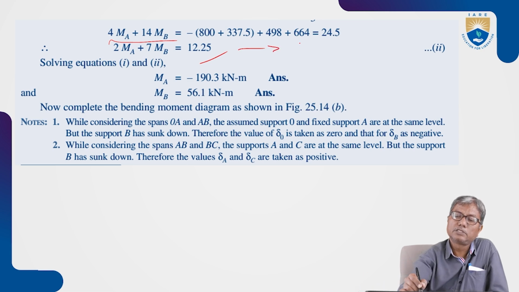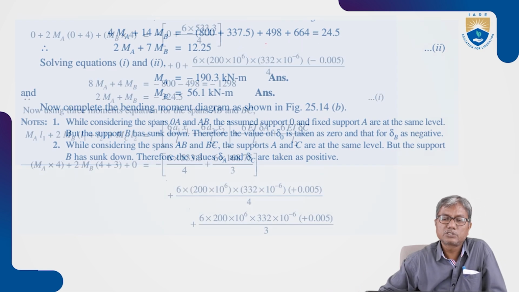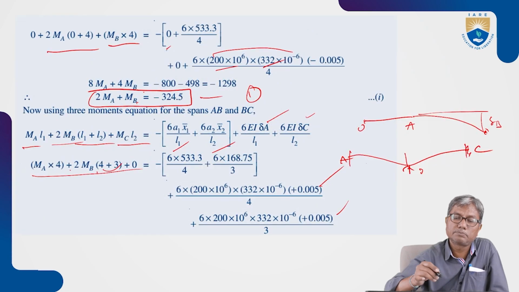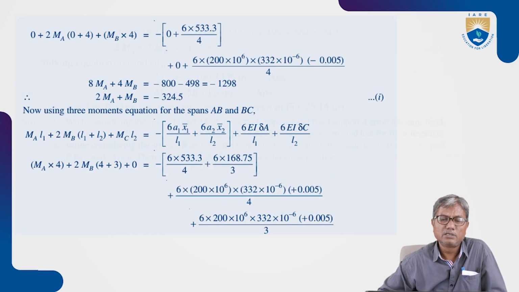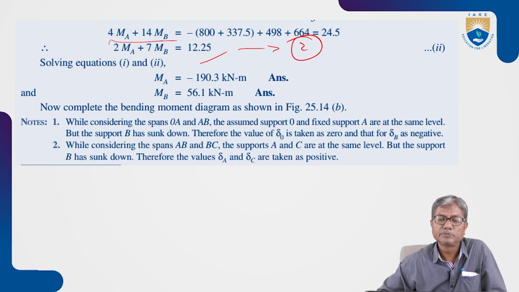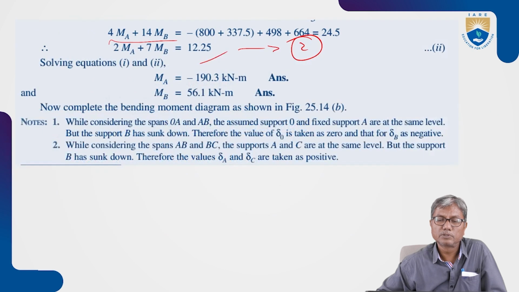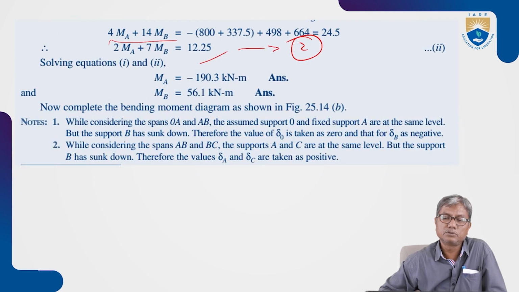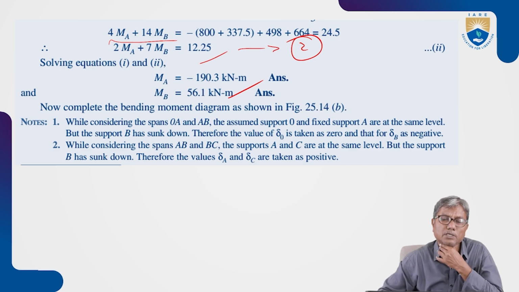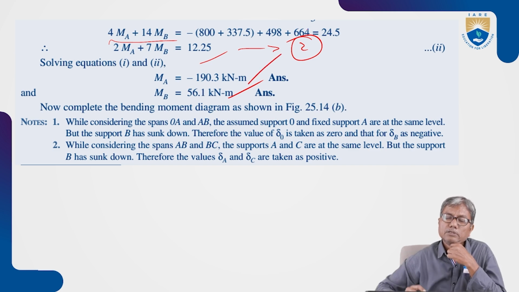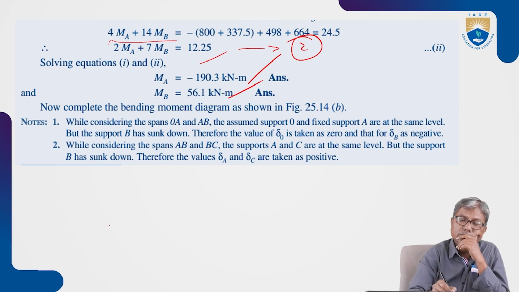This is second equation in MA and MB. Solving these two, first equation is 2 MA plus MB and here 2 MA plus 7 MB. So by subtracting 1 from 2, you will get MB 56.1. Substituting this in 1 or 2, you will get MA minus 194.3.